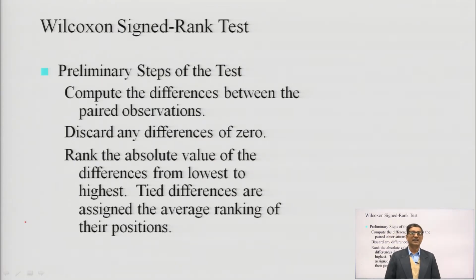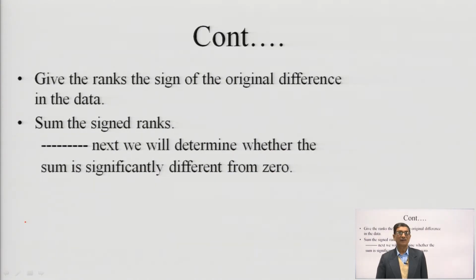Remember, when assigning the rank for the differences, we take the absolute value of the difference from lowest to highest, and tied differences are assigned the average ranking of their positions. Then give the ranks the sign of the original difference in the data, then find the sum of the signed ranks. Next, we determine whether the sum is significantly different from 0.